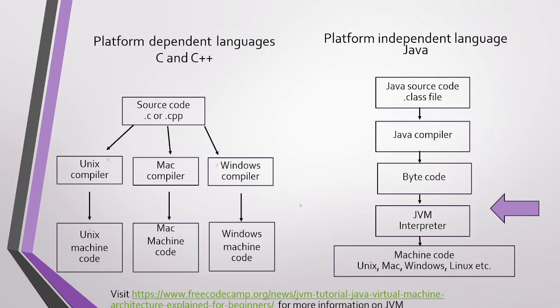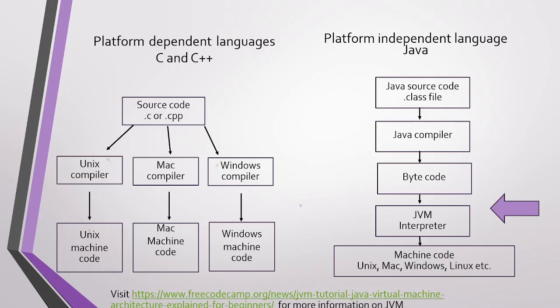And every program has an extension. For example, Word has an extension, Excel has an extension. Just like that, C extension is a .c file and C++ is a .cpp file. And for Java, it is .class.